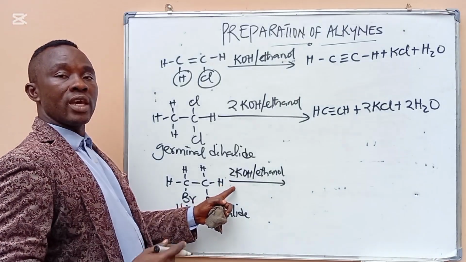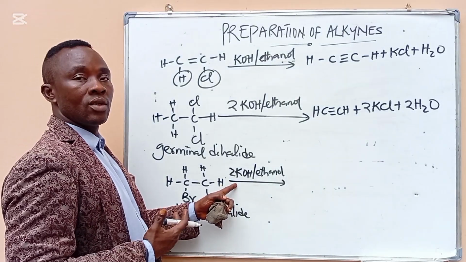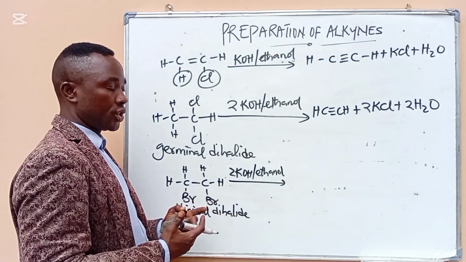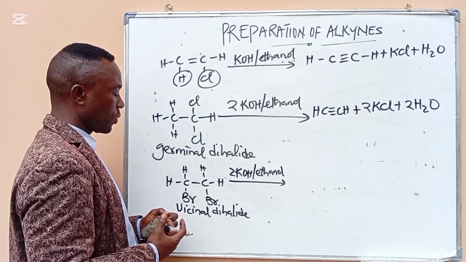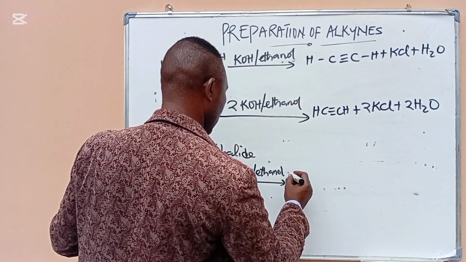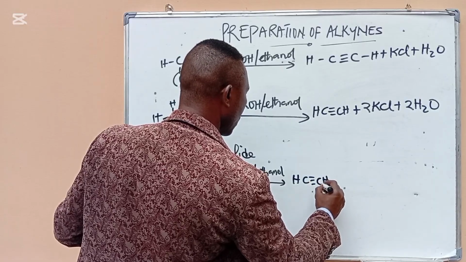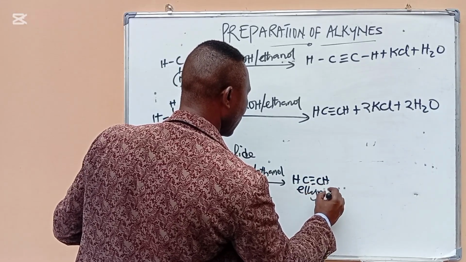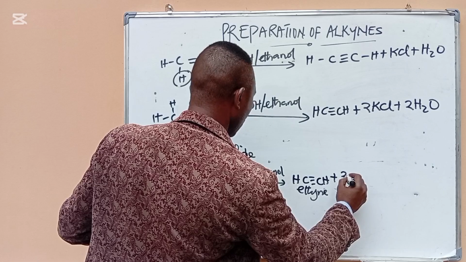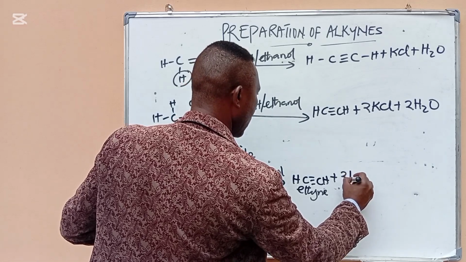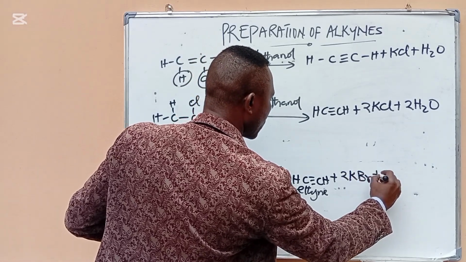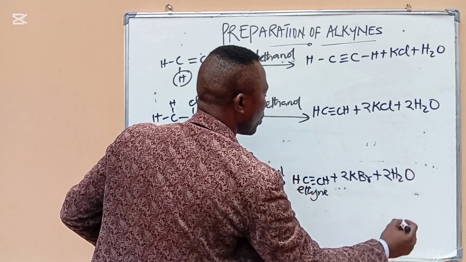If you don't want to use KOH, you can use sodium hydroxide, NaOH in ethanol. That can also go. So what we now have is HC triple bond CH, which is ethyne, plus 2 KBr plus 2 H2O.